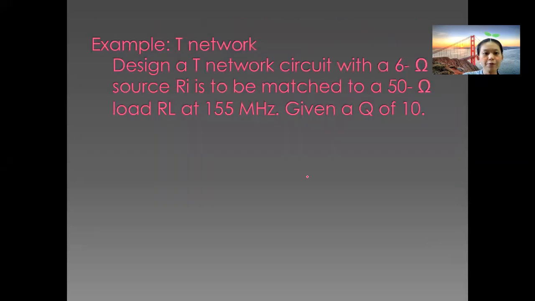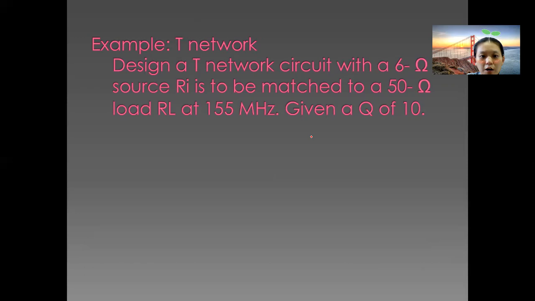Now we go to the example of the T-network. Design a T-network circuit with a 6 ohm source Rin to be matched to the 50 ohm load RL at 155 megahertz, given Q is 10.